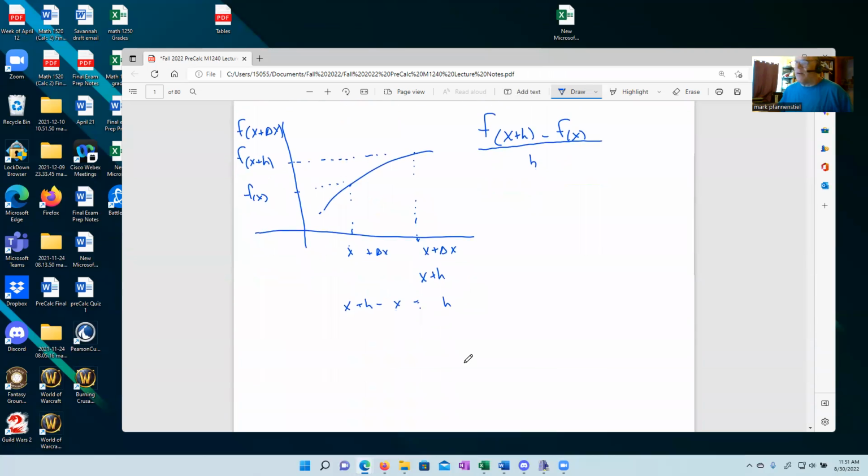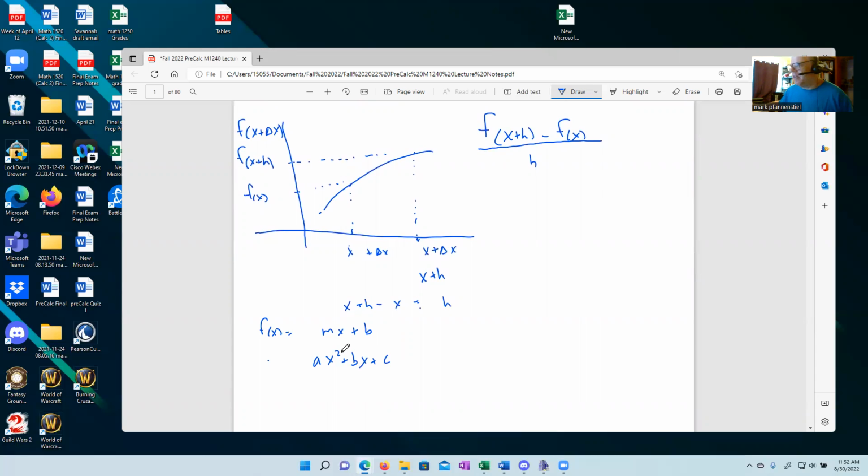There are 5 functions that you're going to be asked for. I'm going to give you the difference quotient for 5 different functions. One of them is going to be f of x equals mx plus b. I can give you an ax squared plus bx plus c.